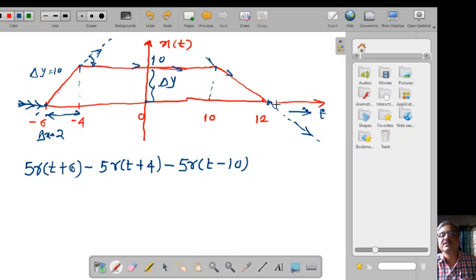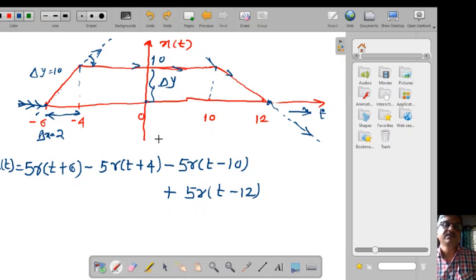Now I want to stop this line and bring it to 0. In order to bring this I need to add one more line of slope 5r at t equal to 12, which is a delayed version. So this is the complete description of the given signal x of t.